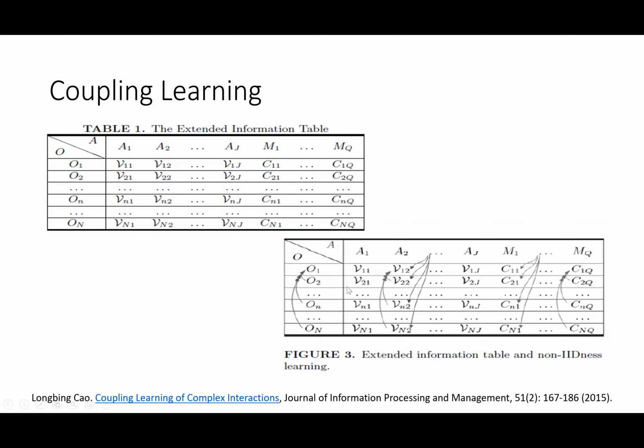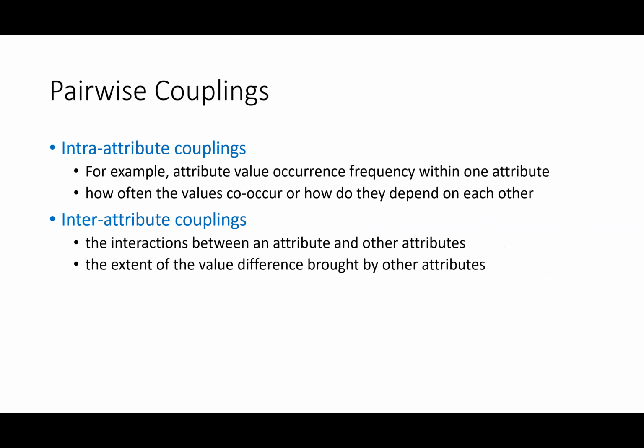And then, rolling up to the object level, we know our learning task is to model the similarity between O1 and O2. Then we have to consider the value interactions and feature interactions. And if you have labels, you have label and value interaction, and label and feature interaction. So that's the overall idea.